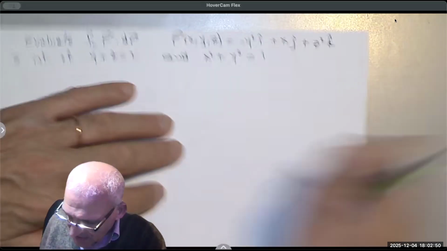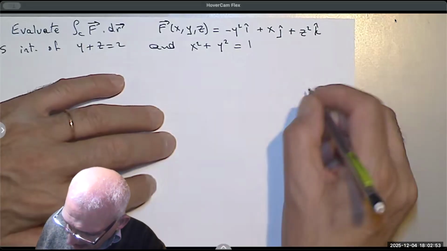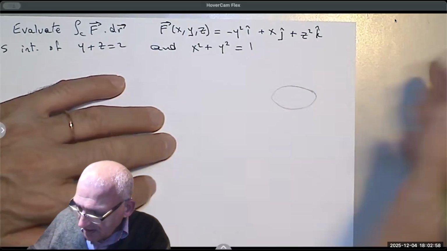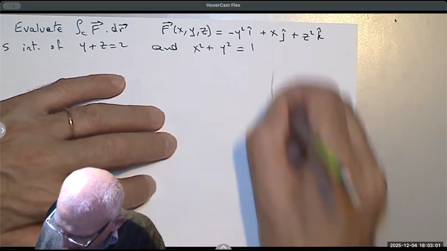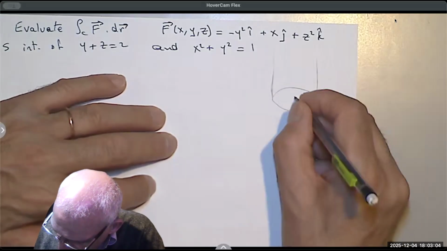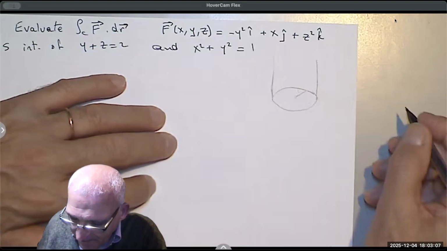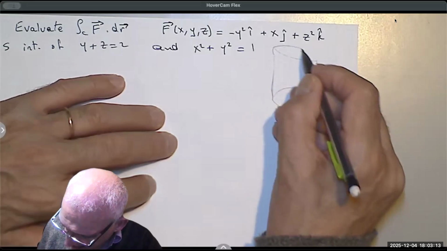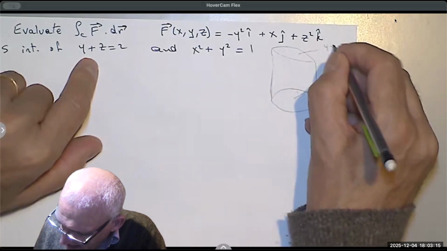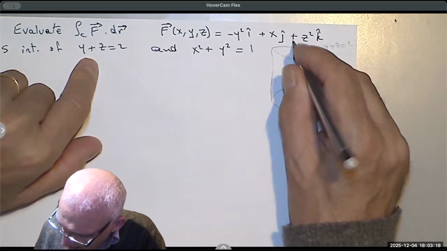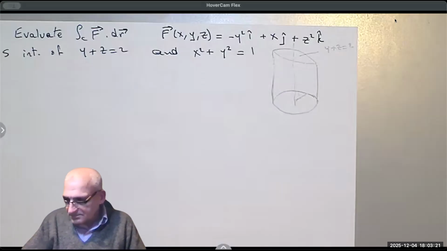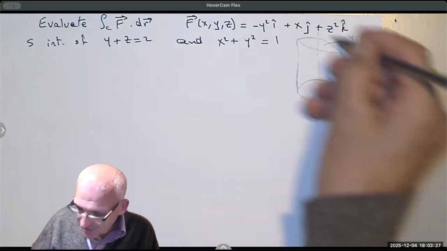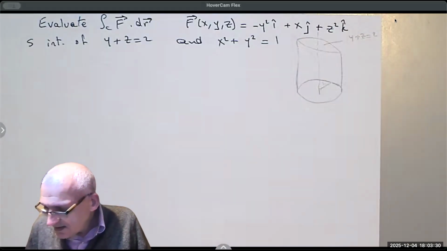So basically, if you draw this in the xy plane, meaning at z equals 0, you will get a circle, where the center is the origin and the radius is 1. And then I have here an inclined surface cutting it, and that surface is y plus z equals 2. This surface cuts the cylinder at an angle, so it produces here an ellipse. And basically that's it.